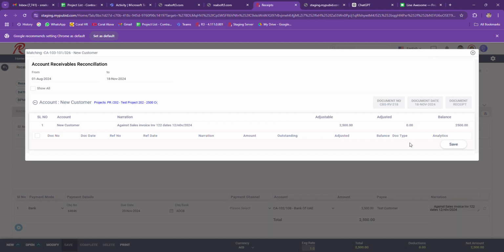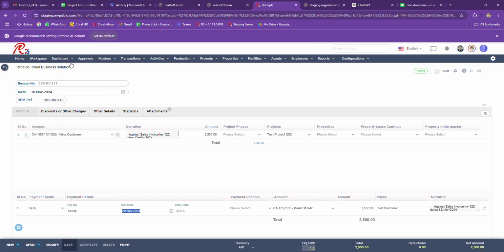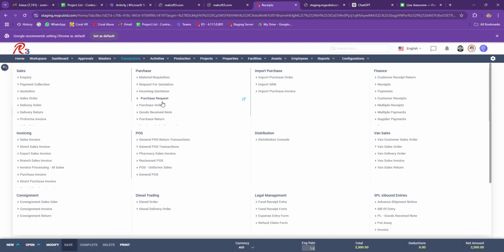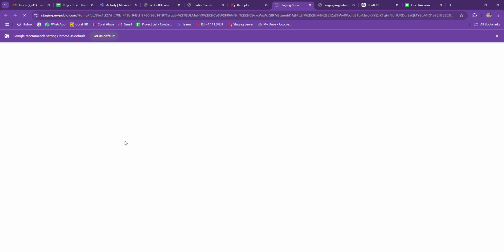There is no outstanding entry in this system for this particular customer. So what we will do, we will post an entry to this customer. Normally if you want to receive something, you need to have a sales invoice, one debit entry. So that is normally what we see as a sales invoice.